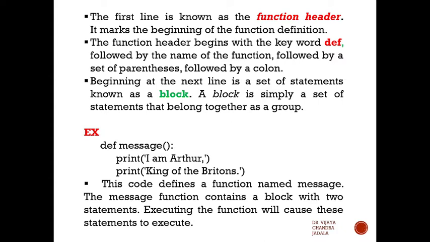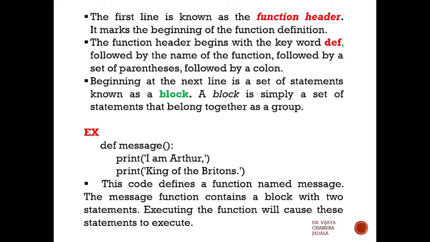Then beginning at the next line is a set of statements, which is also called the block. Here in this example, two print statements come under a particular block. A block is simply a set of statements that belong together as a group.